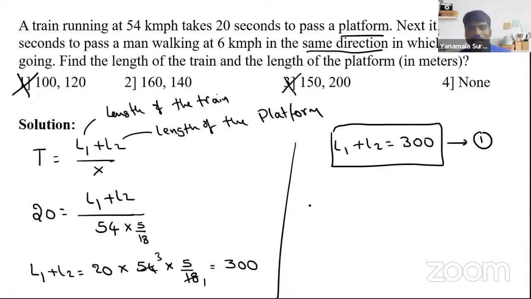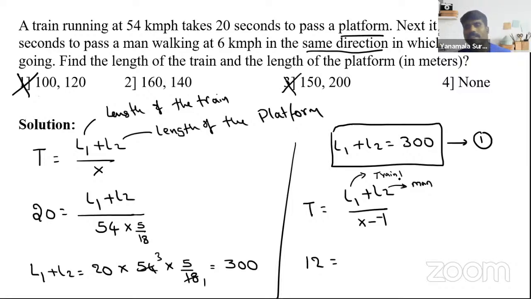Same direction. Now t equal to L1 plus L2 divided by x minus y. Clear. Now what is the time they had given? 12 seconds, which is equal to, now look here, L1 represents the first train, train 1, L2 represents the man, the length of train 1 and the man's length.